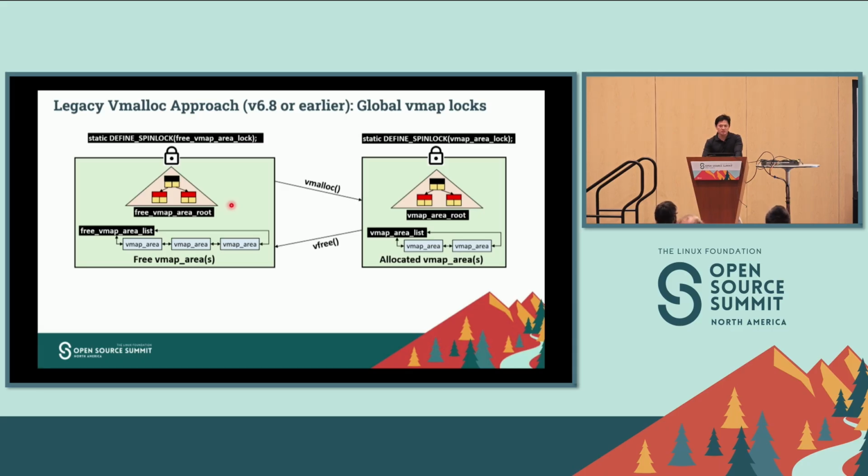So it requires acquiring this spin lock, the free vmap area lock, for data serialization. After a region is reserved, it's inserted into the vmap area tree, and it requires grabbing the second spin lock, as shown here, the vmap area lock. So for a single Vmalloc call, it requires both of the global locks for data serialization.